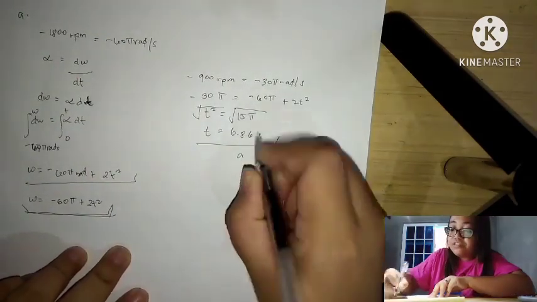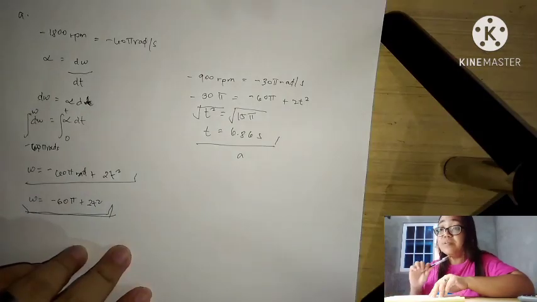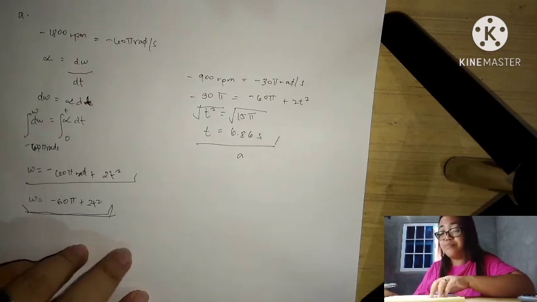So, ito yung letter A natin, yung time na hinahanap, pag yung wheel nag-reduce ng angular speed to 900 revolutions per minute.